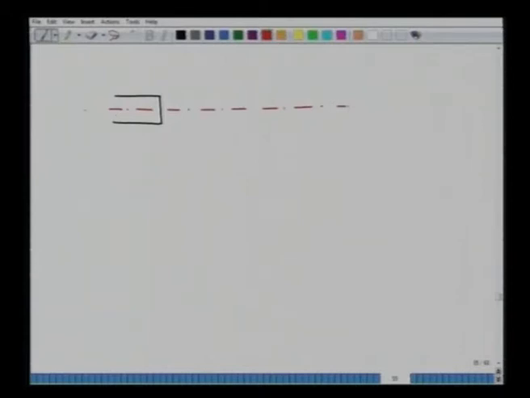Here I am passing a mixture of fuel plus air, and as this fuel and air mixture is discharged through the burner, a free jet is produced. In the free jet, this is called the potential core.